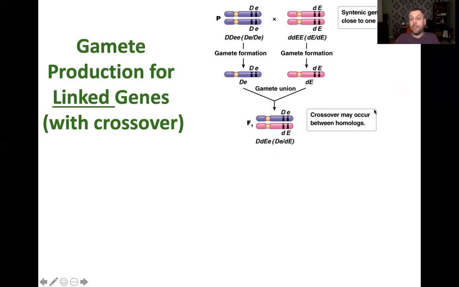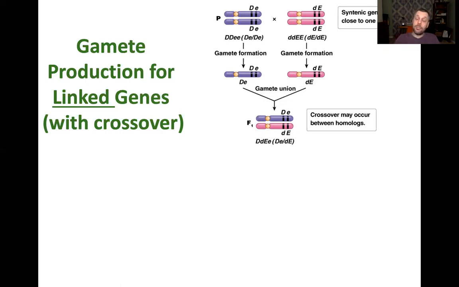So crossover may occur this time between these two homologs. This parent is two big Ds, two little e's. This parent is two little ds and two big E's. Only one type of gamete can be made in each case, big D little e, or little d big E. And when these are crossed, there's this one possibility, a dihybrid individual, big D, little d, big E, little e.